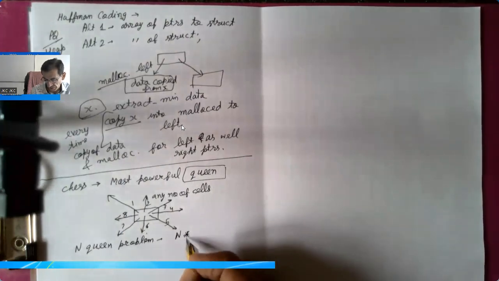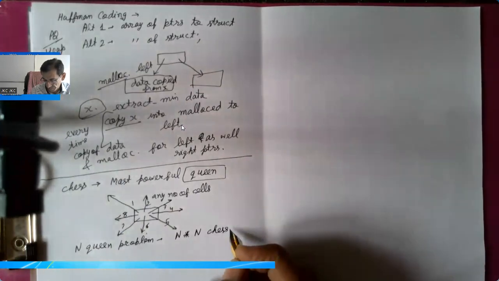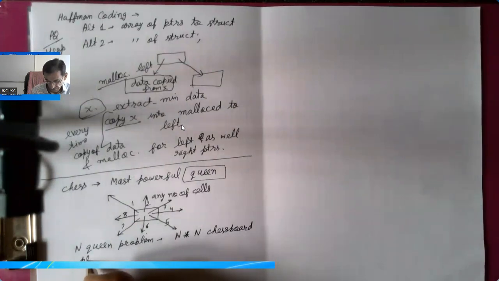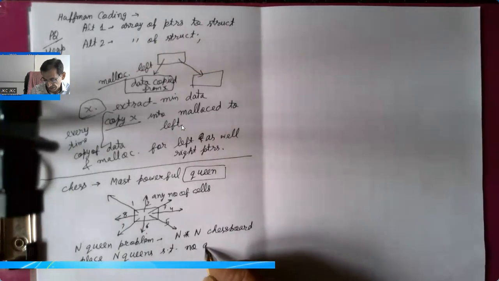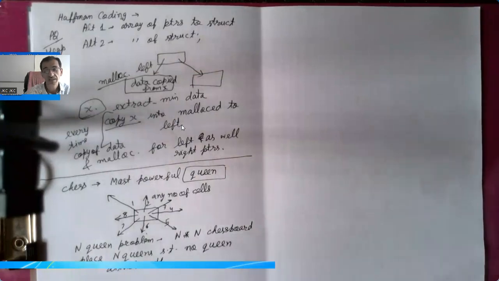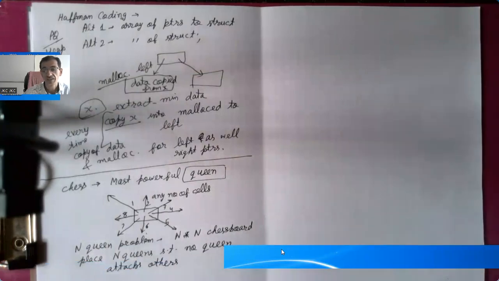It's called the n queen problem, which says that you have an n into n chessboard, and the aim is to place n queens on this board in a way such that no queen attacks another.